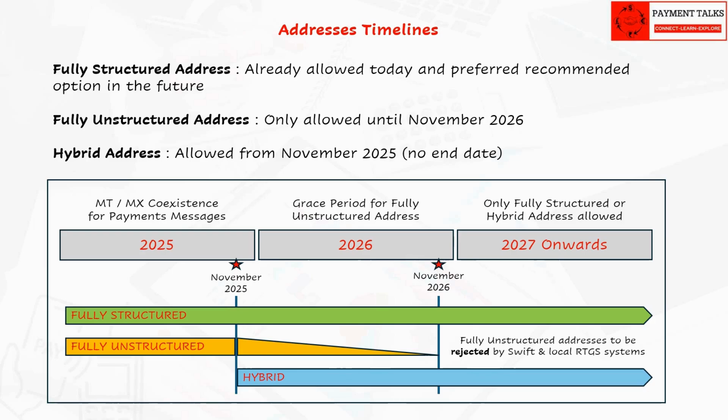Banks that treat hybrid as a temporary workaround risk operational and regulatory pain. Banks that treat it as a permanent, high quality data model will gain better STP, stronger AML controls, lower costs, and higher customer trust. Hybrid done right is not a compromise, it is an enabler.